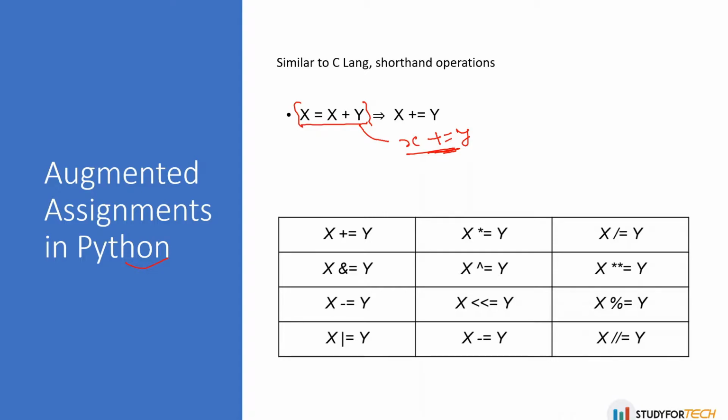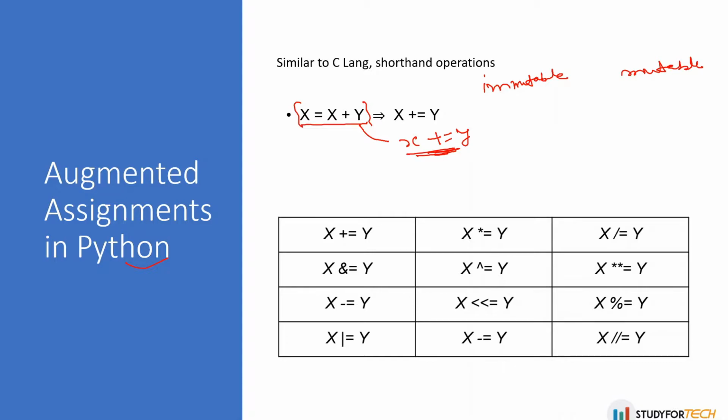The concept and the operations will change if you apply augmented assignment to a mutable object and an immutable object. So we will see what the difference is between the simple form and the augmented form.